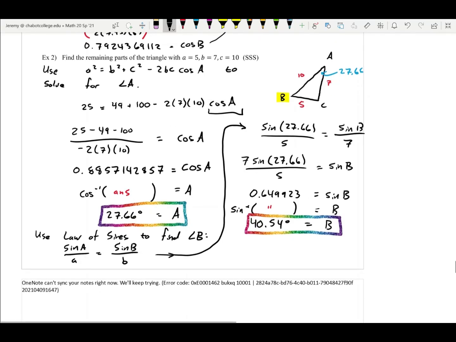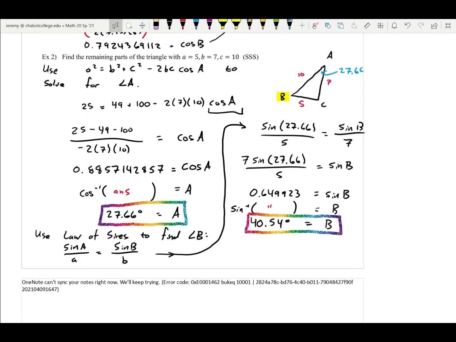Okay, and now all I have left is angle C, and I'm just going to do what's easiest, and I know that angle C is equal to 180 minus angle A, 27.66, minus angle B, which is 40.54, and I put this into my calculator.